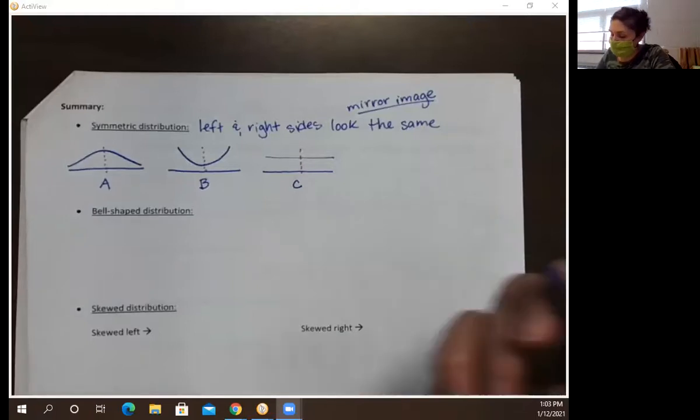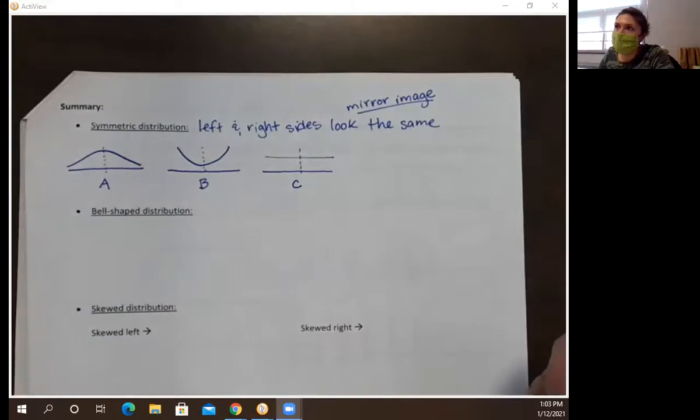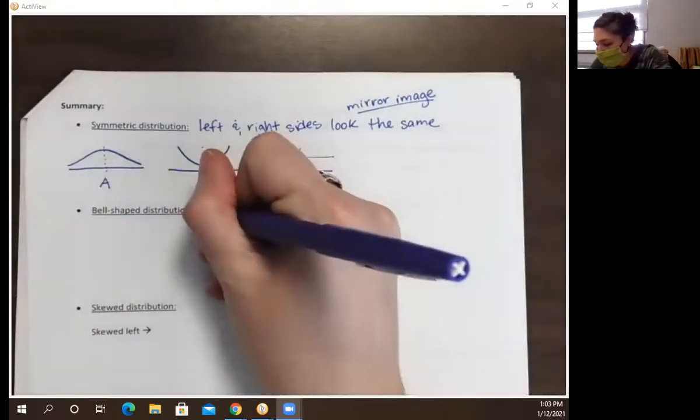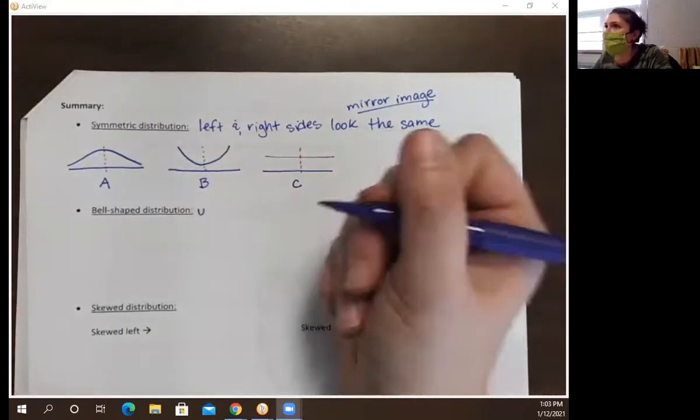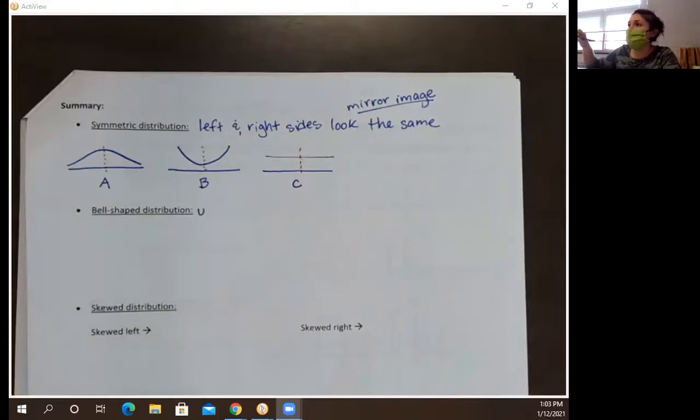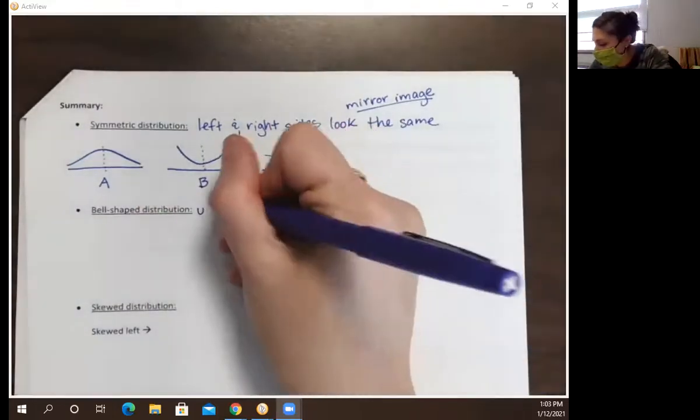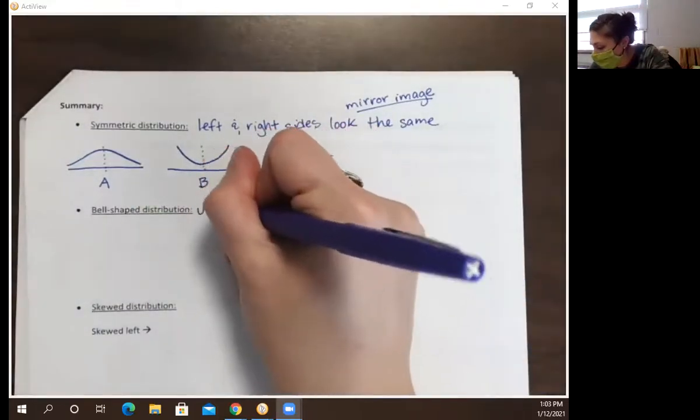In Algebra 2, we're going to talk a lot about bell-shaped distributions. We'll call them normal distributions. Bell-shaped distributions are called that because they kind of look like a big bell. They have the general shape of the outline of the Liberty Bell, which we'll draw here in just a second. They are usually symmetric.